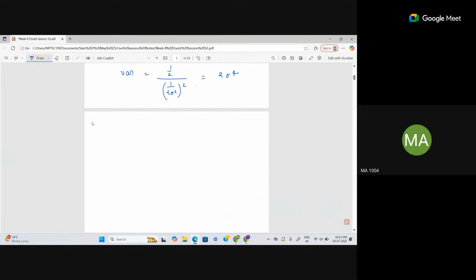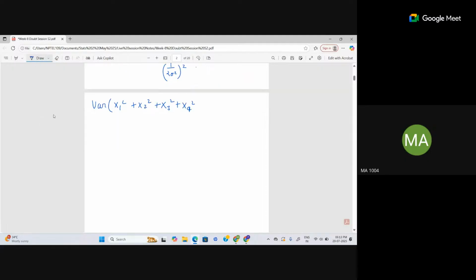We'll add the variance of these four random variables. So simply it will be variance of x1 square plus variance of x2 square plus variance of x3 square plus variance of x4 square.